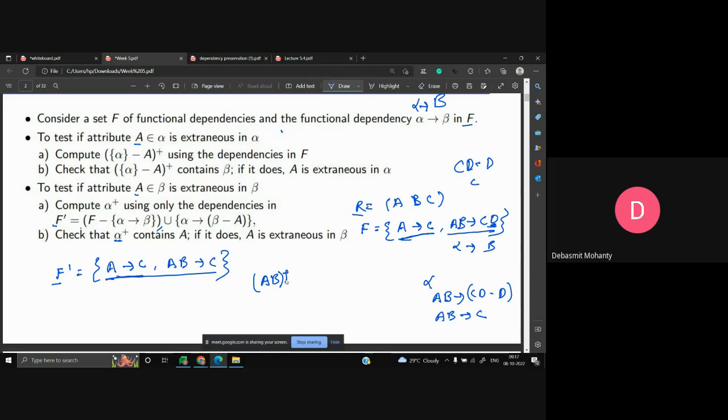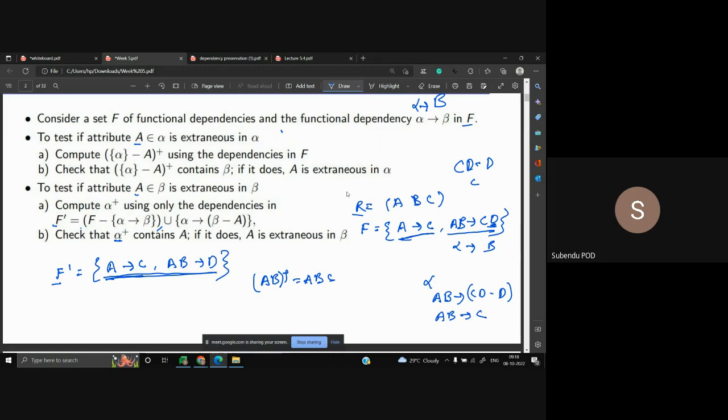No, with the help of these functional dependencies, we get C, so ABC. Do we get D or not? No. So we can say that D is not an extraneous attribute. Now we have to check the other attribute, C. If so, what will F dash be? F dash will have AB determines D, right?